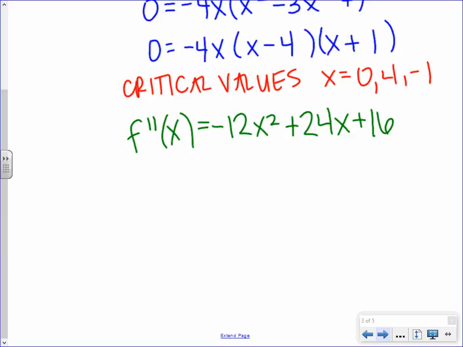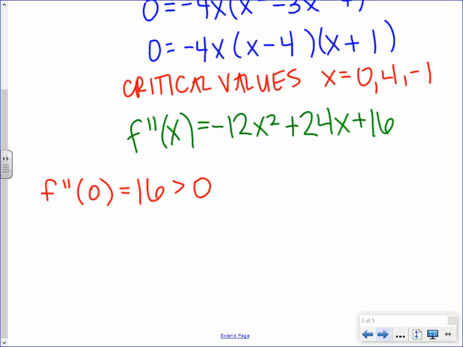So let's go ahead and discuss the second derivative evaluated at 0. The second derivative evaluated at 0 is 16, which is a positive number.